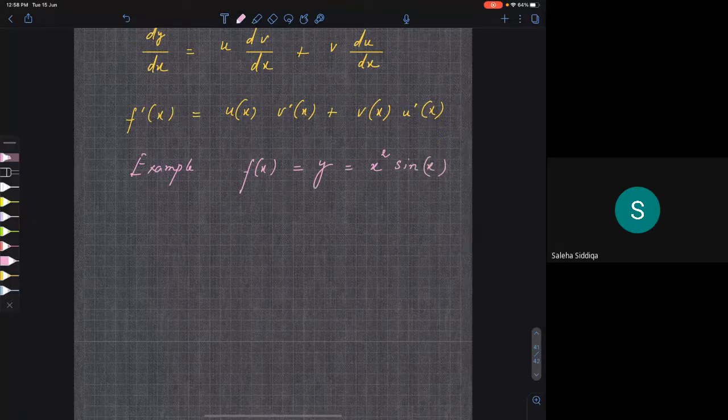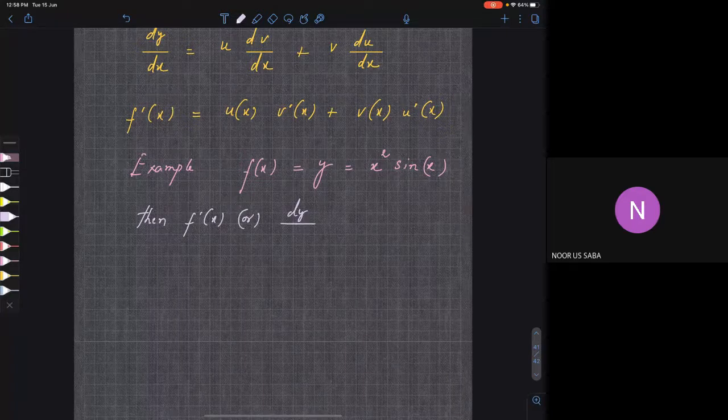For example, if it is two functions like this, this time we are not dealing with a function in a function. We are dealing with the product of two functions. So it is not sine of x square, it is x square into sine x. So x square is a function, sine x is a function. So how to find dy by dx, or f dash of x? It is taken like this.